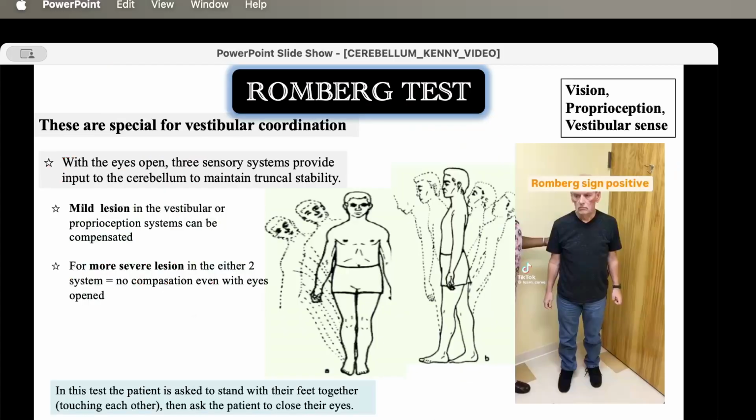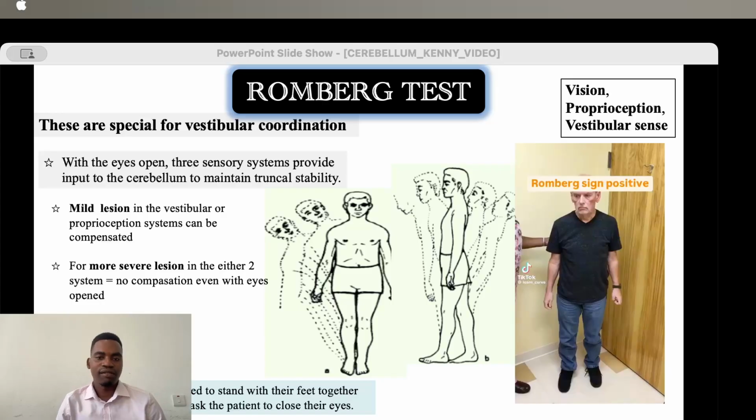So we have something very useful clinically, and it's very important. That's known as the Romberg test. So listen. When we stand, or when we are walking, or when we maintain our balance, it is because of the three most important modalities of sensation.